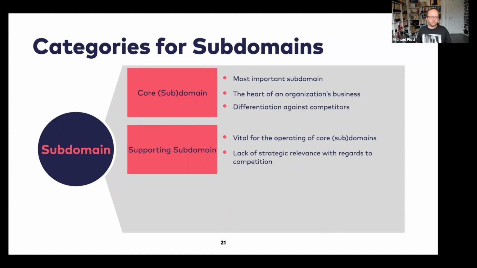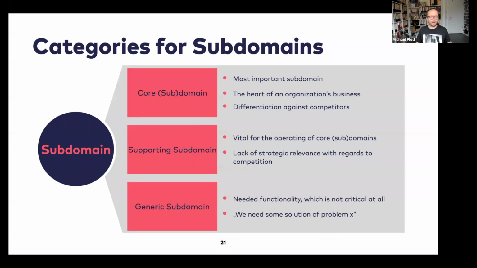And the last one are the generic subdomains. I call them sometimes, ironically, the necessary evil. You need them, but there's no way to differentiate. Those are total commodity, and there are a lot of solutions on the market for that stuff, but we're not looking at that yet. But you need something for a given problem.